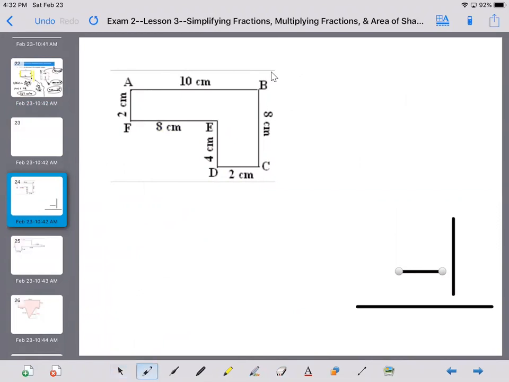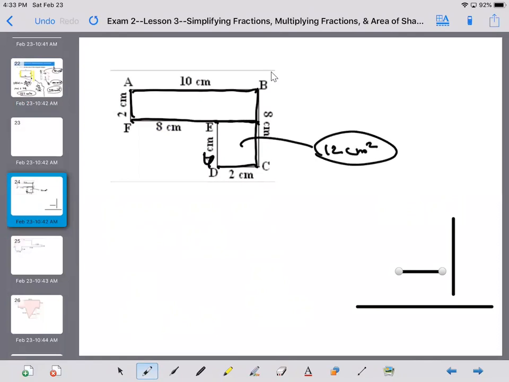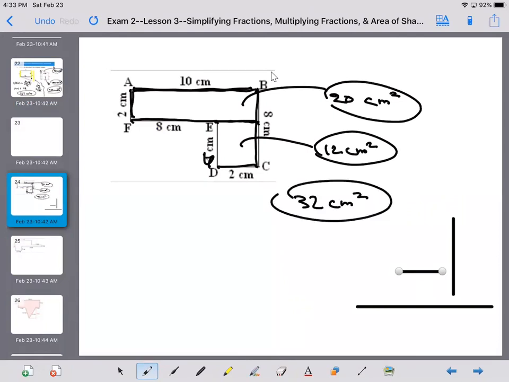So if this length is 8 and this is 2, then that makes this 6. And if this is 8 and this is 10, then that makes this 2. So this here would be a 2 by 6, which would be 12 square centimeters. And then this is 2 by 10, so that's 20 square centimeters. So I should get 32 square centimeters if I subdivide it.